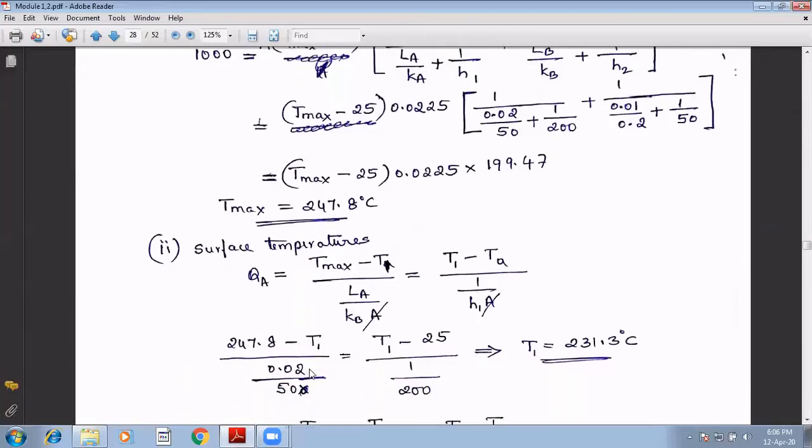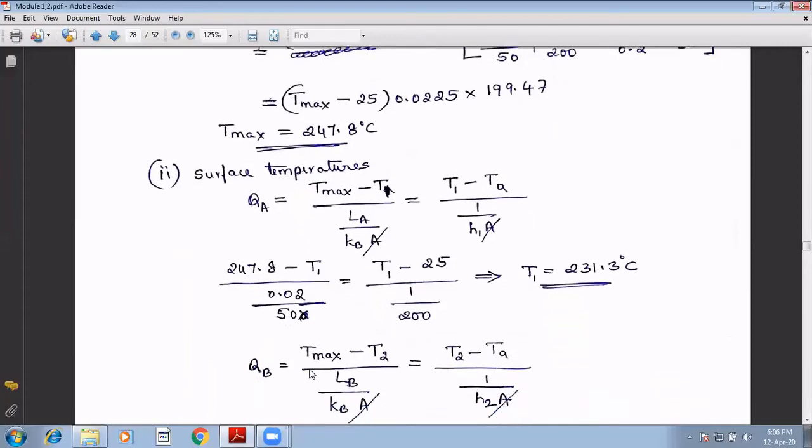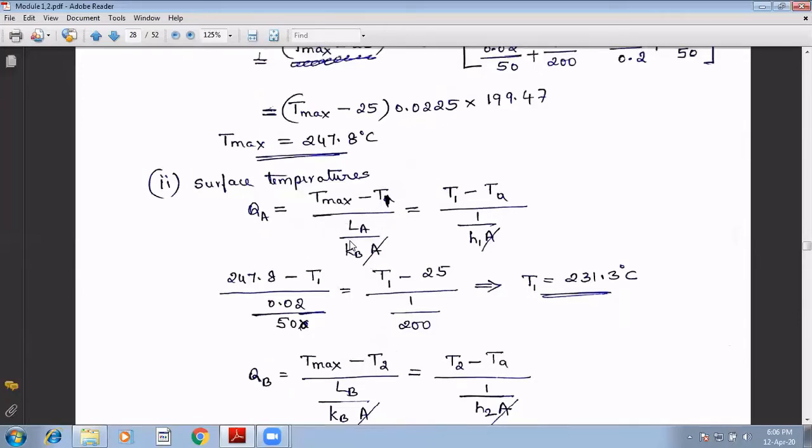Next, coming to the second part of the question, that is surface temperature. Considering this to be steady state, the amount of heat transferred through slab A is nothing but T max minus T1 over the corresponding resistances.